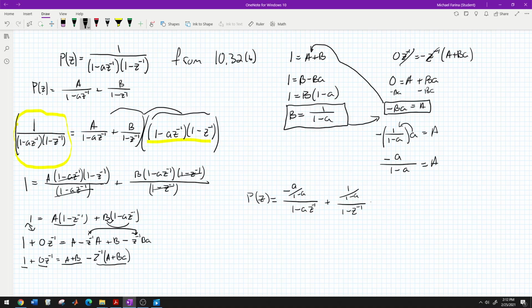Or I could rewrite it as this, because my numerators in each term don't have any Z's, so they're just going to be constants.